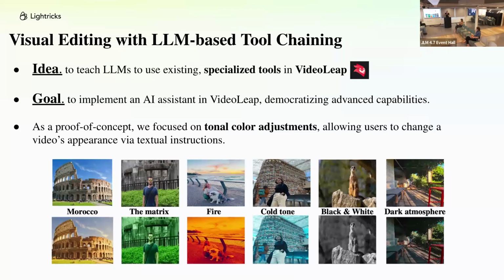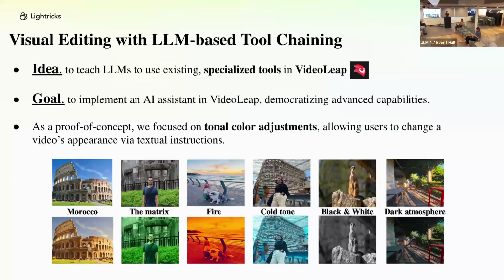So as a proof of concept, we focus on the tonal color adjustment task, which allows users to change video appearance via a textual instruction. Here you can see in the upper row some inputs of users. The input can be an image or a video. And then you can see the stylistic request. And in the second row, you can see the results.